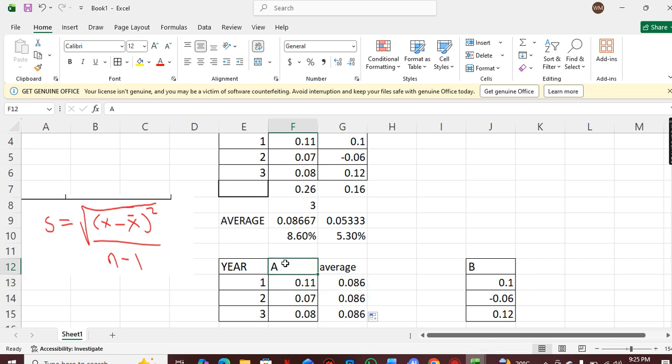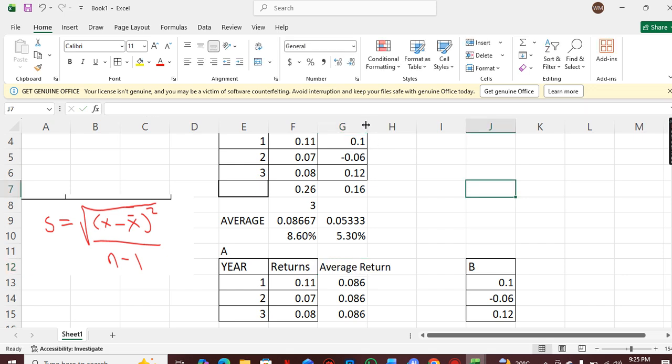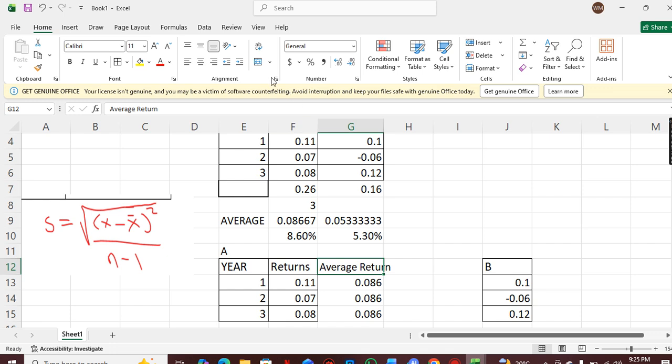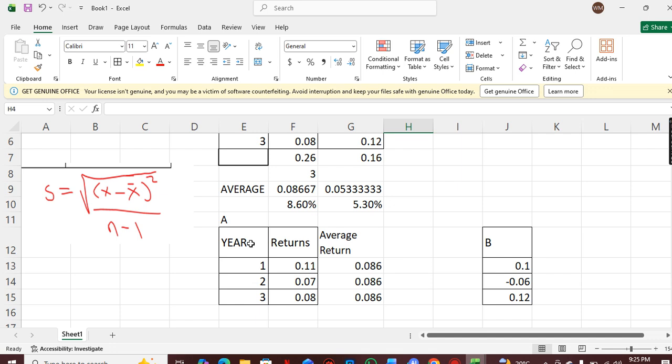These are returns here, this is the average return for investment A. We're going to subtract each return by the average so that we get our deviations.